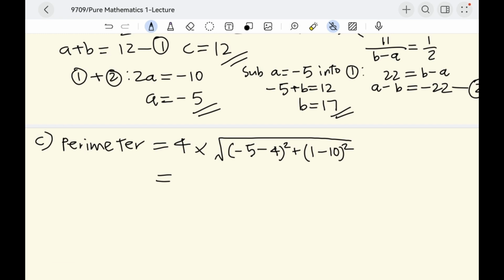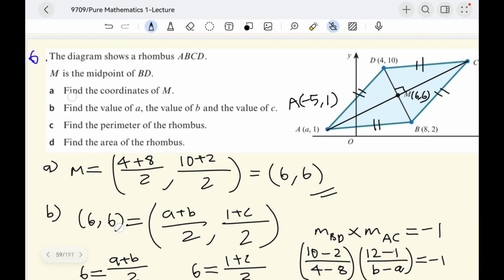You should get the perimeter of the rhombus. In the exact form, you will get 36 square root of 2, or in decimal, you can write it as 50.9 units. Okay, that's all for this part C. Okay, let's move on to part D.